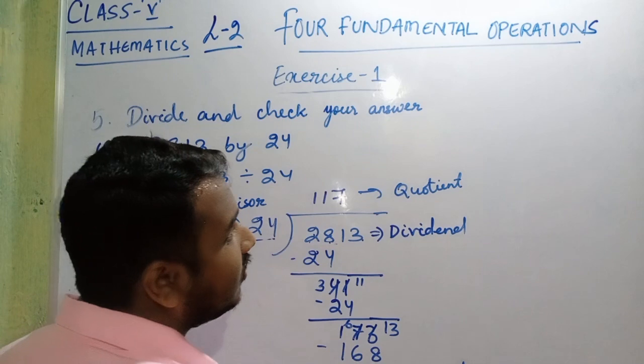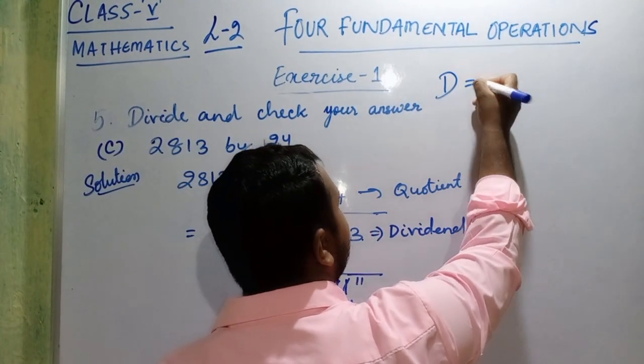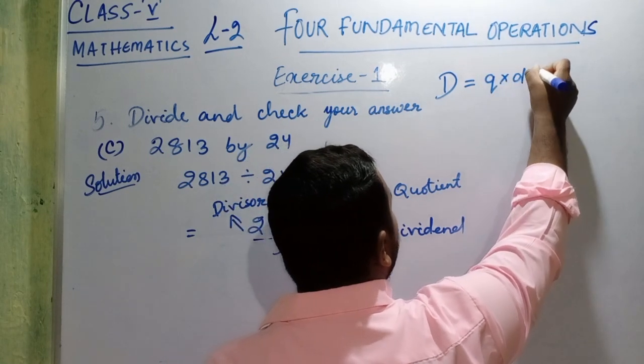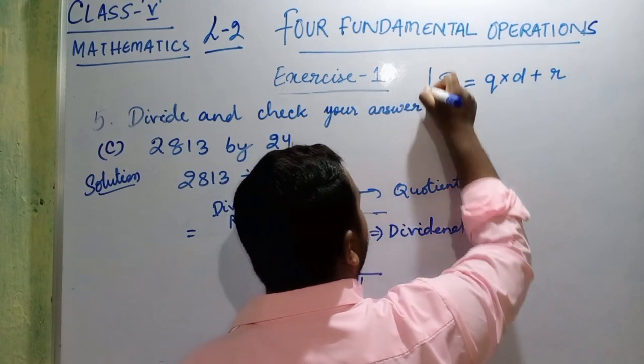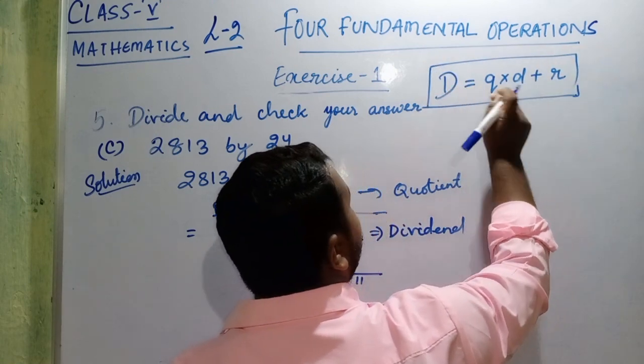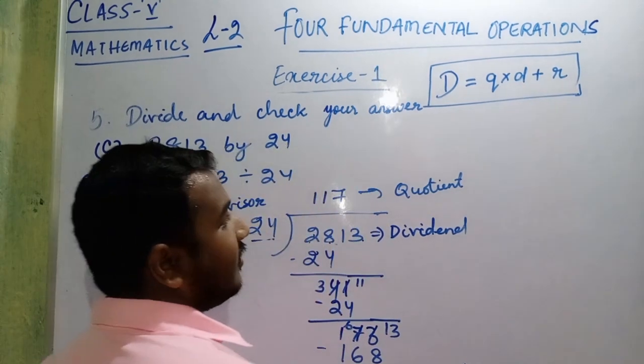So how will you do it? Remember one formula. Dividend is equal to quotient into divisor plus remainder. This is the formula.